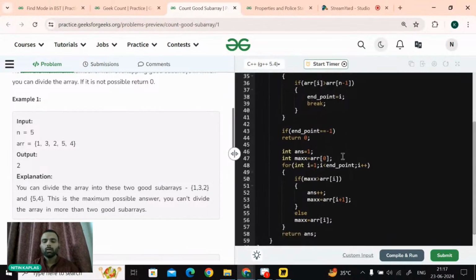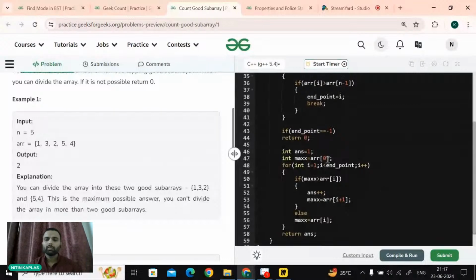And if you already crossed that checkpoint, it means you encountered a good subarray. So what's your count? It's 1. Make your maximum value array of 0. At the end of it, simply do what I am doing in that driver part. Similar, yeah, I have written it here, right?